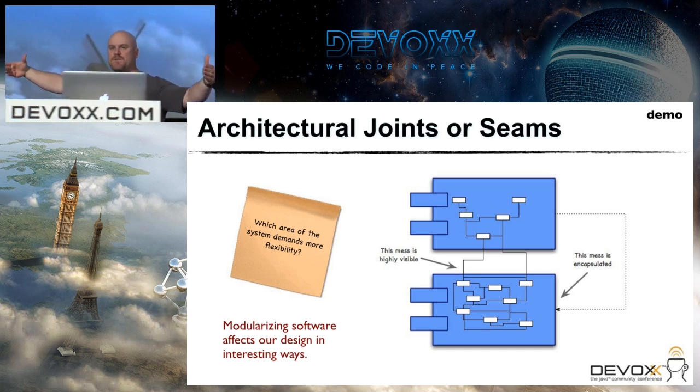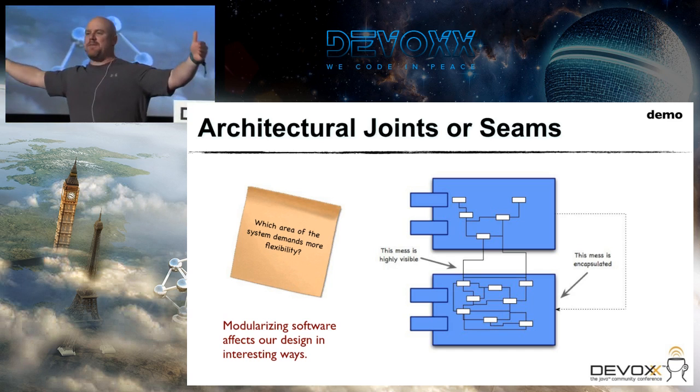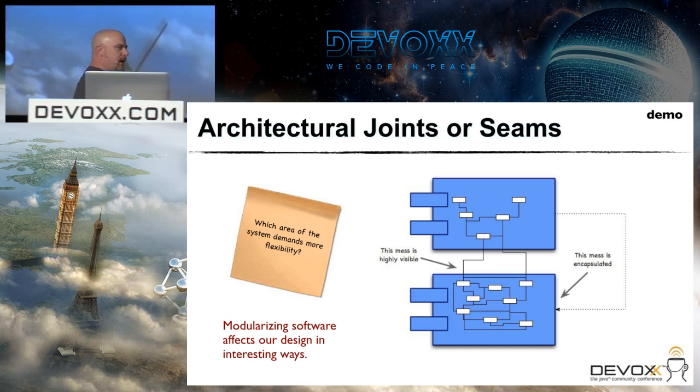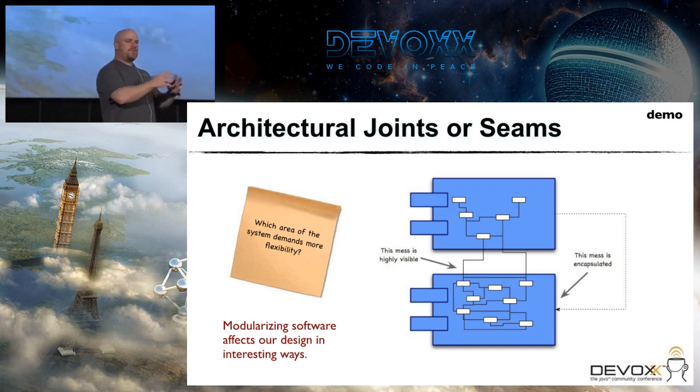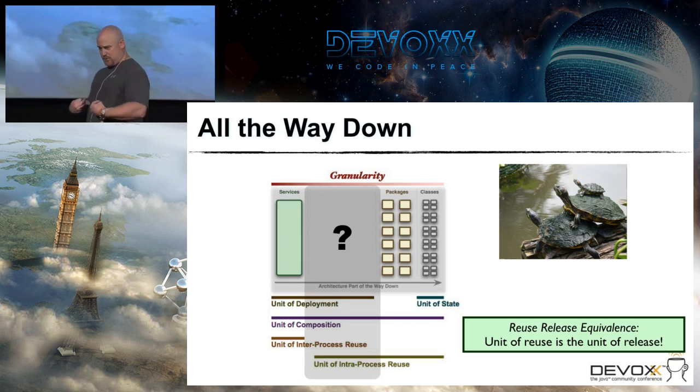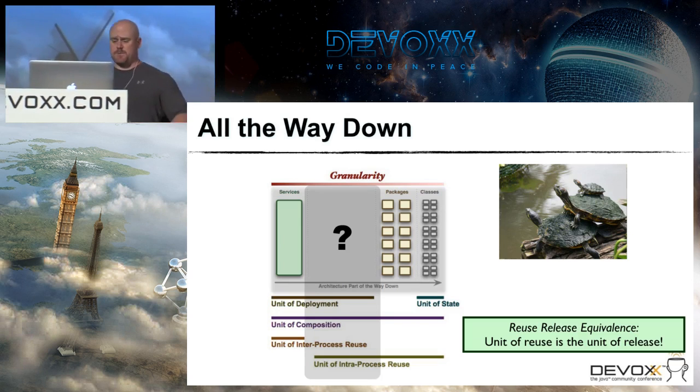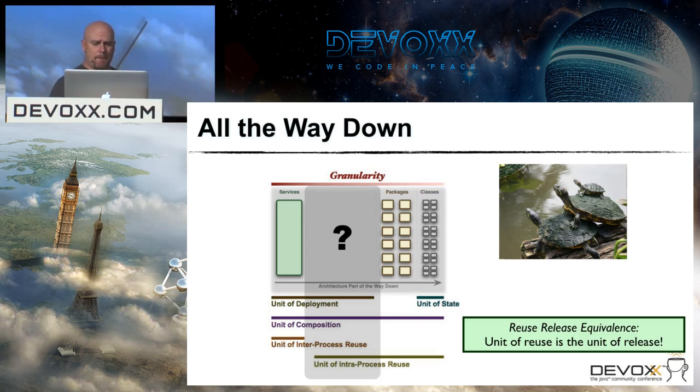For a complex system with hundreds if not thousands of classes, I may only have a few dozen modules. And it's going to be much easier for me to understand the relationships between those modules than it is the relationships between all of those classes.